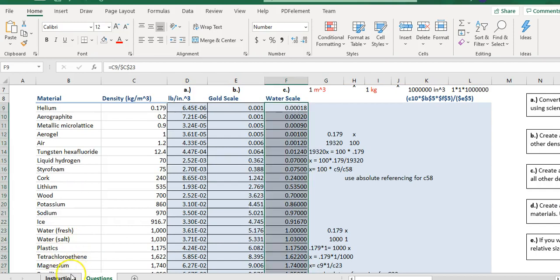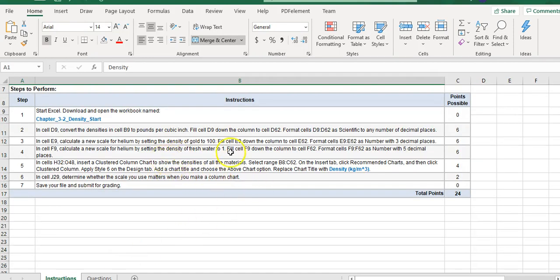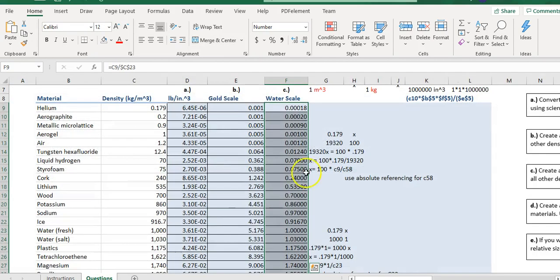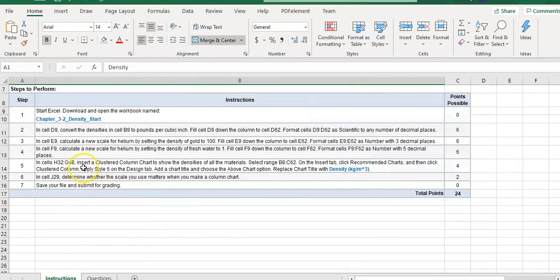All right, so make sure you look at your instructions, and your instructions are telling you to format it as a number with 5 decimal places. So make sure that you've got your number with 5 decimal places for these, okay? And then we're going to look at our chart. So our chart is saying create a clustered column chart to show the densities.